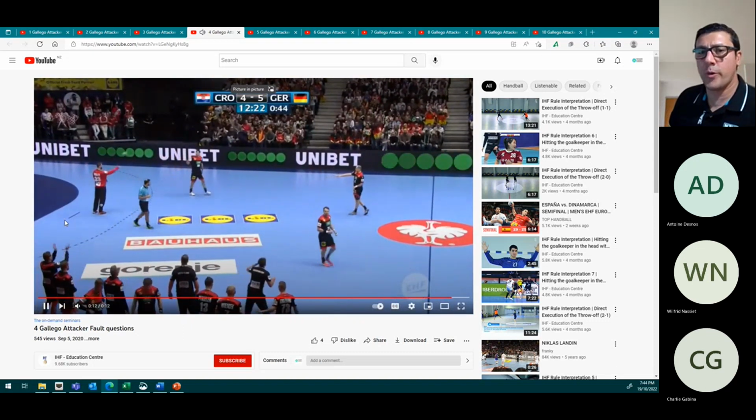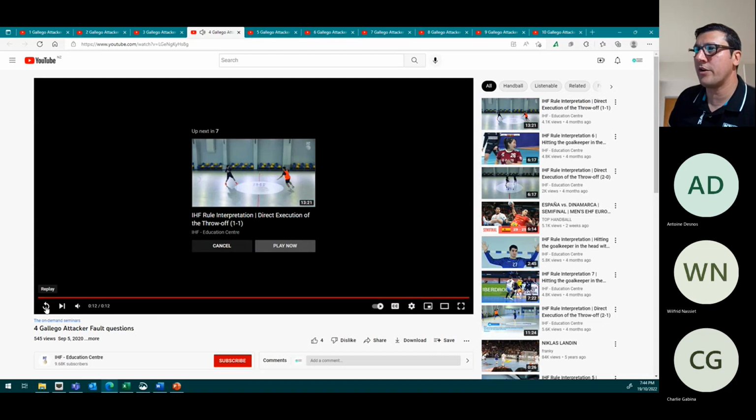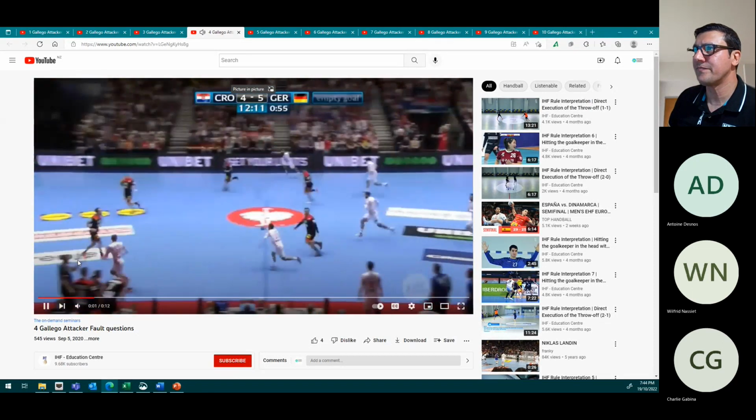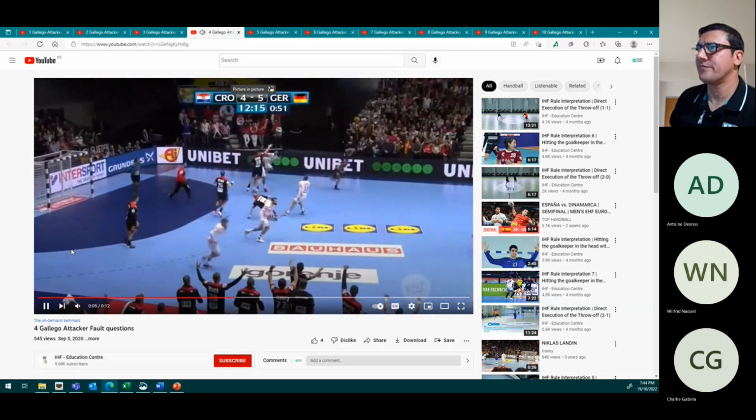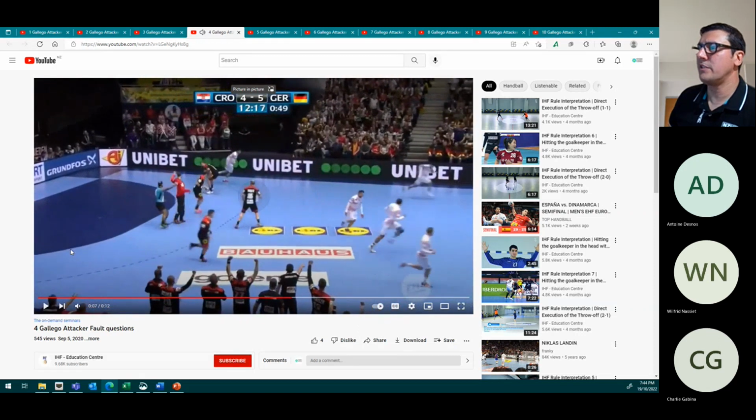It's so quick and it's really hard if you are not in the right position. Yeah, the defensive player was there first, and the attacking player just ran into him, and it's a clear foul in attack.